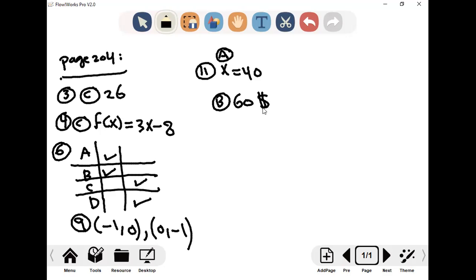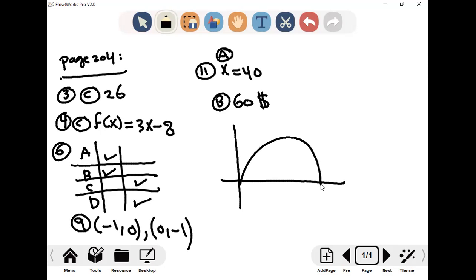We did it by tables. Question 11. Get the board out. This is the graph, right?